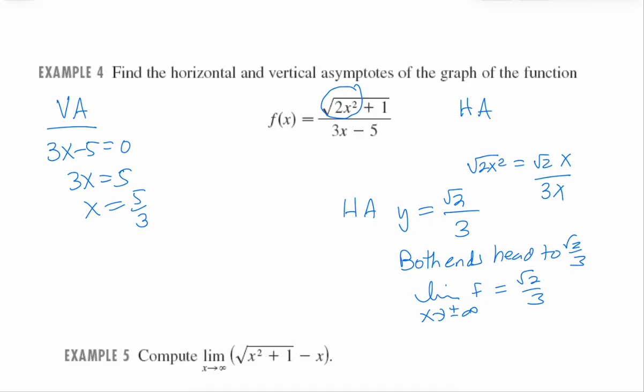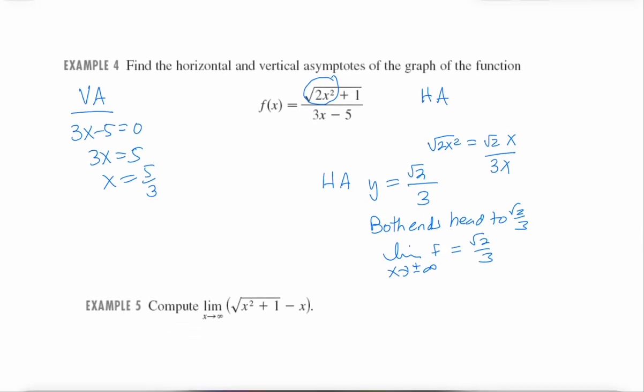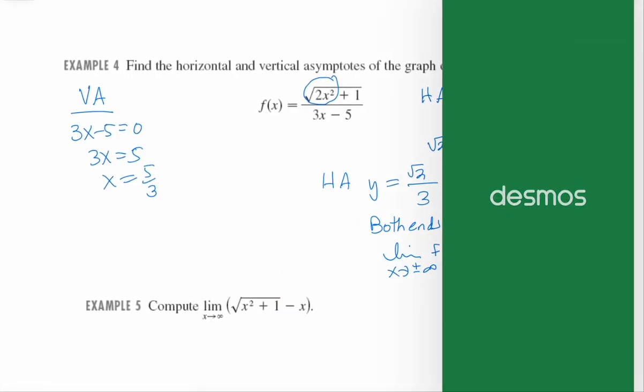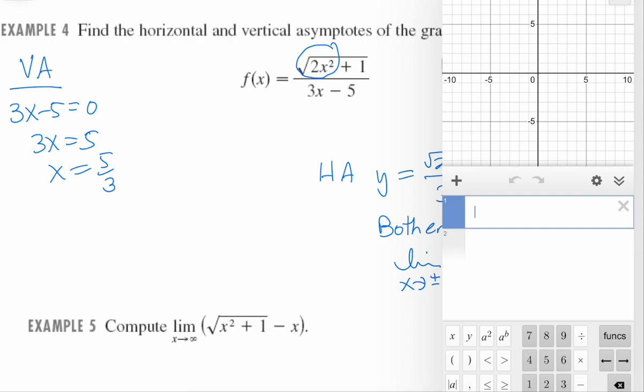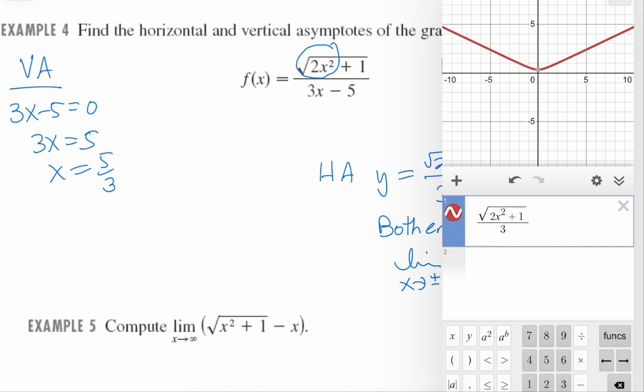Okay. So how can we check our work? Desmos. That's it. Okay. So the square root of 2x squared plus 1, make sure that stays under your square root, divided by 3x minus 5. Let me show you how to check your work.